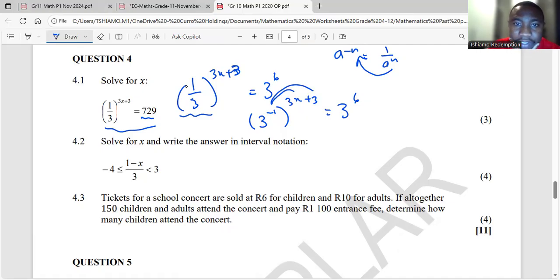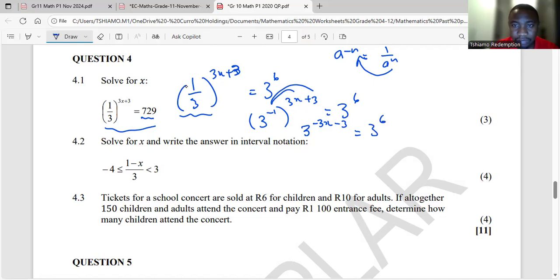Okay, so what is negative 1 multiplied by x? That will be negative x, and a negative times a positive becomes a negative.